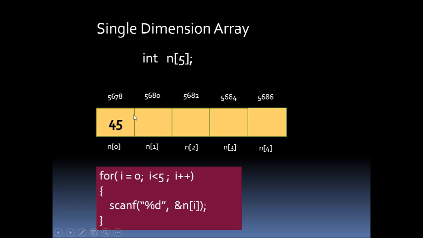When i becomes i plus plus and it becomes 1, then the next input will go into n of 1 and so on. So this is the way we take the input from the user.